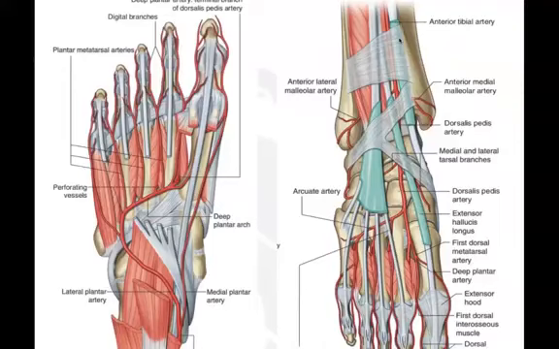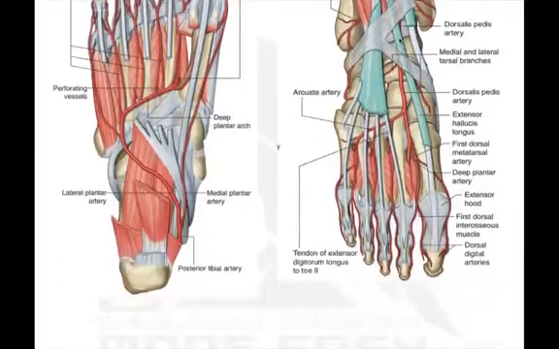After that, it will pass anteriorly over the talus and the navicular, and also pass over the intermediate cuneiform bone, and it will go inferiorly, as you can see here.